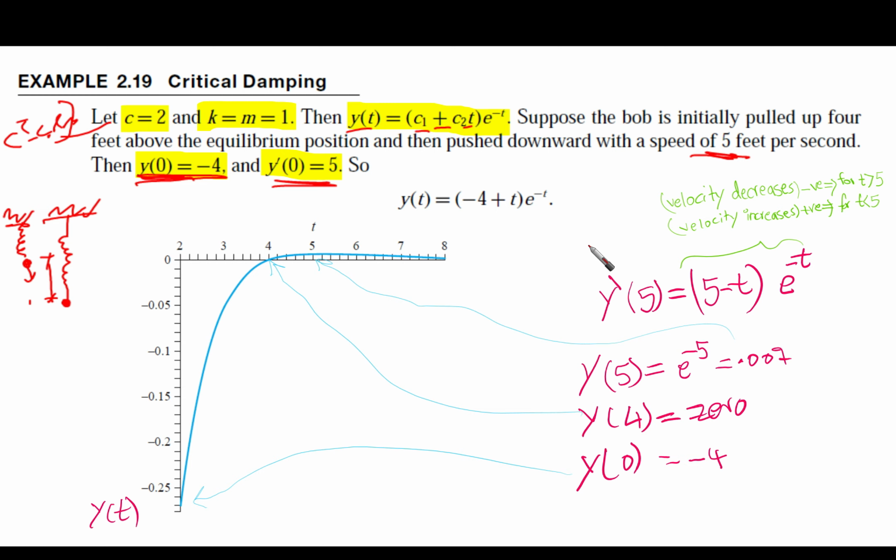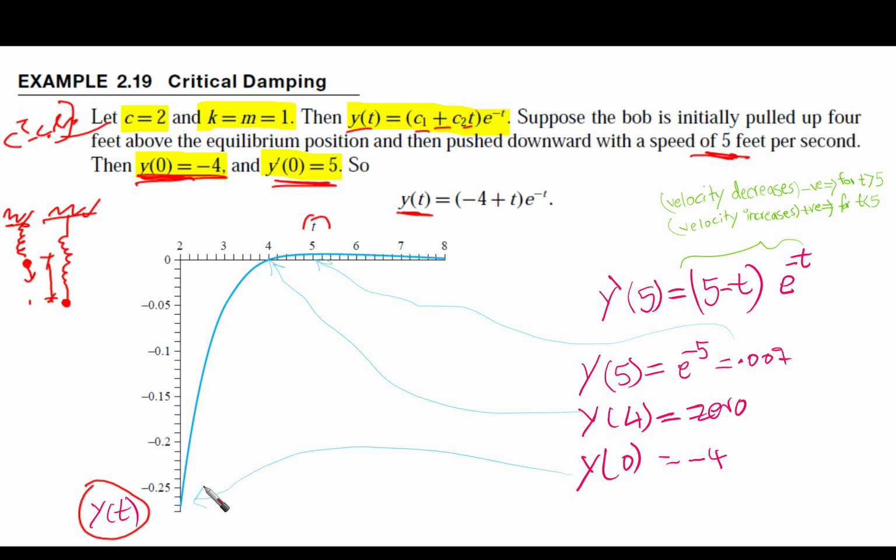So in this case, y of t equals minus 4 plus 9t times e to the minus t, based on the initial value problem and the parameters that we have here. Let's draw this relation. The vertical axis is y of t, the horizontal axis is t.